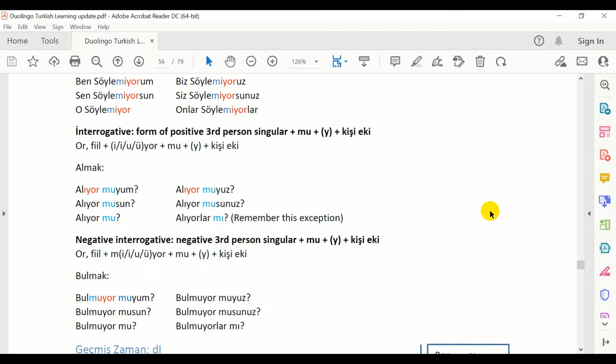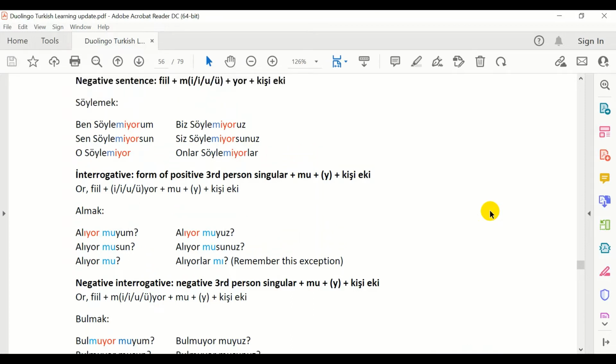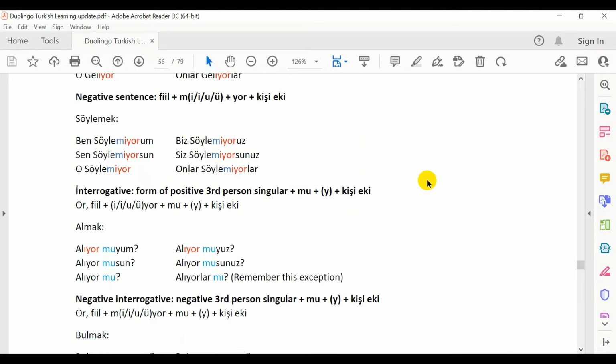Well, here I would like to add one point: I never ever suggest remembering these structures. It means do not remember them. I have written them only and only to provide a formula so that you can confirm your sentences once and for all.